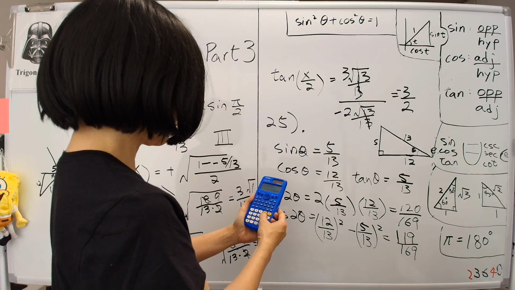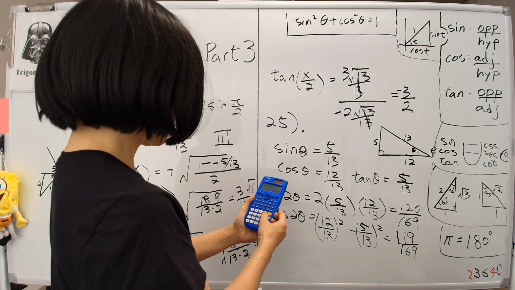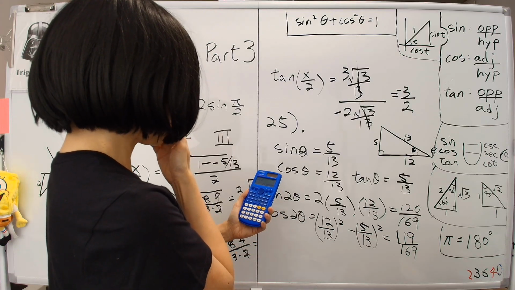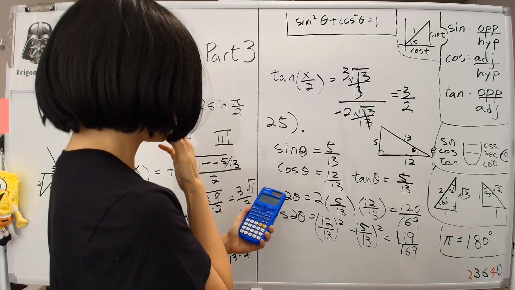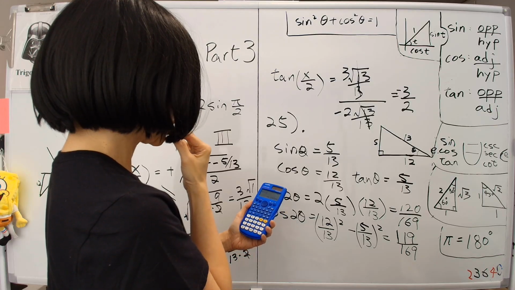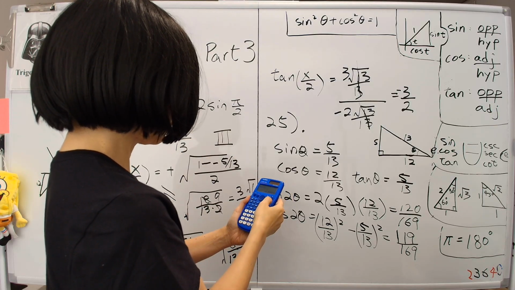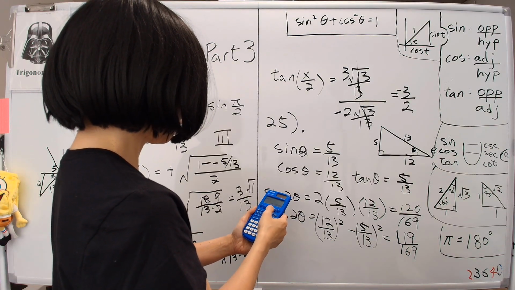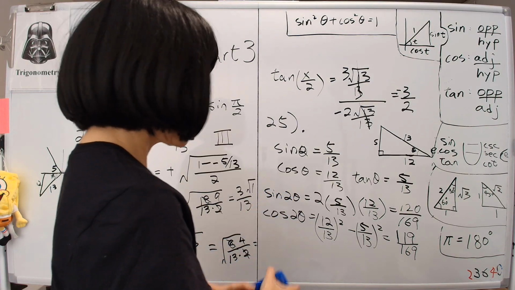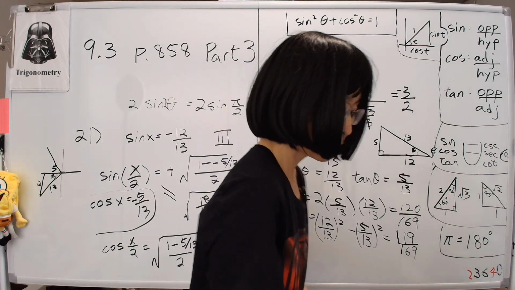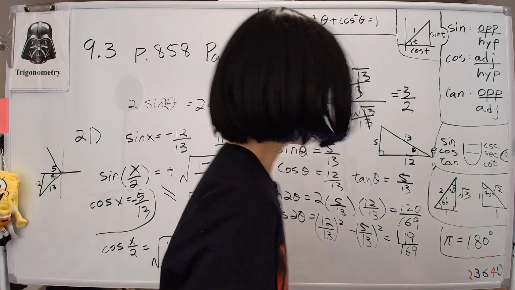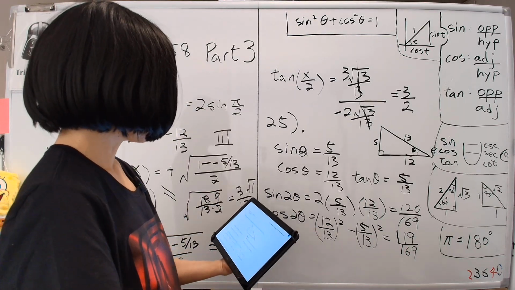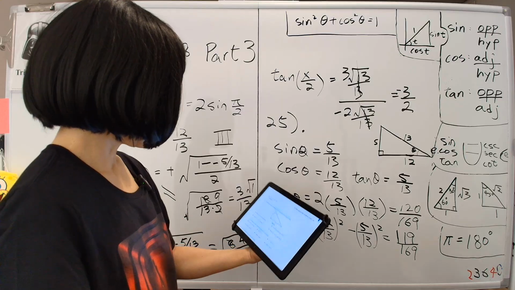Theta 22, times 2 is 45, cosine of 45 degrees. It's only 22 degrees. No, it's not. It's wrong, I'm afraid. There's no way, because it's only 22 degrees. Even double is just 44. It's positive.